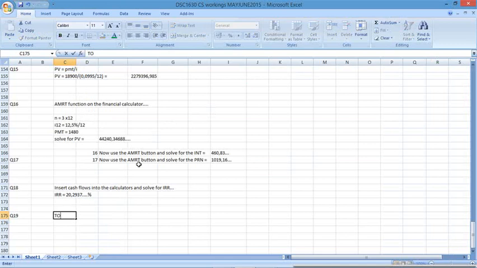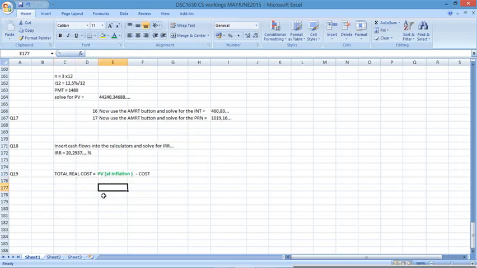Alright, so you know from your theory that the real cost is present value at inflation less the cost. Alright, so the most difficult part of this particular question is obviously to get the present value at inflation. So in order to do that you need the variables.